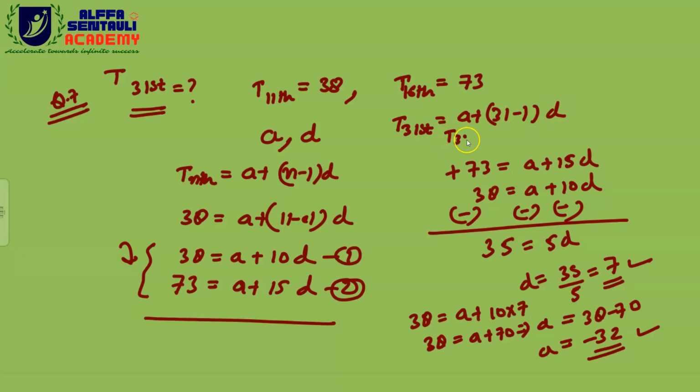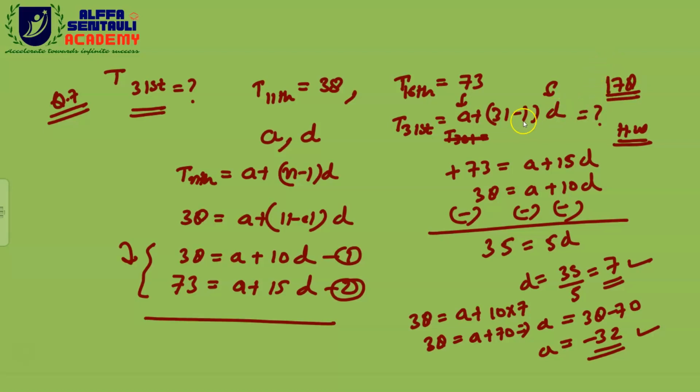So you can put the value of a, you can put the value of d, and you can get the value of the 31st term, right? So this will be your homework. You know the value of a and the value of d. So I'll tell you the answer. If you put everything correctly, you will get the answer as 178, right?